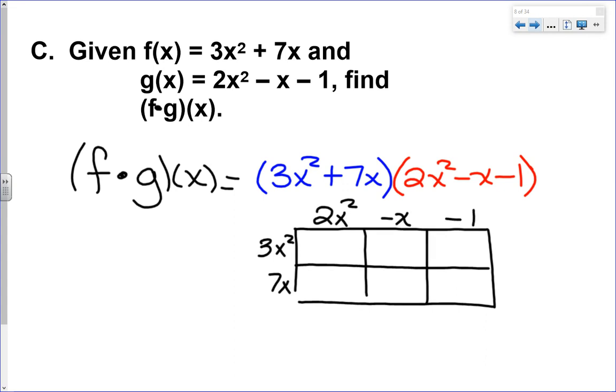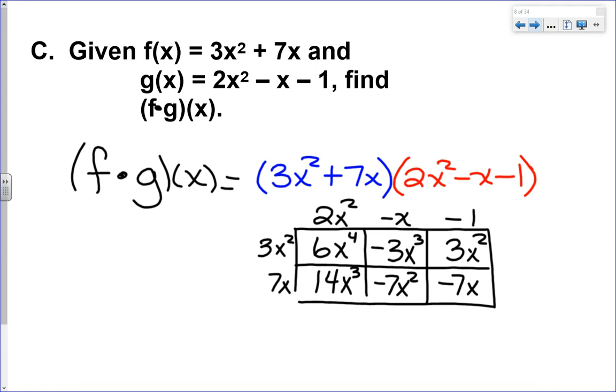And I'm just going to fill things in. So 3 times 2, that is 6. x squared times x squared is x to the 4th. Minus 3x to the 3rd, plus 3x squared. And then 14x to the 3rd, minus 7x squared, minus 7x.